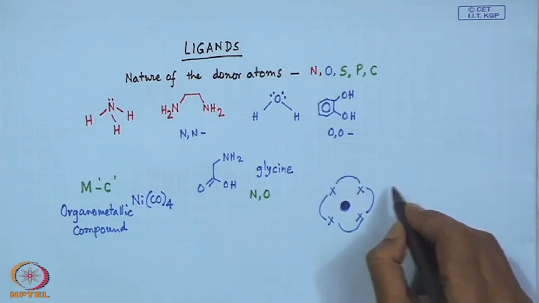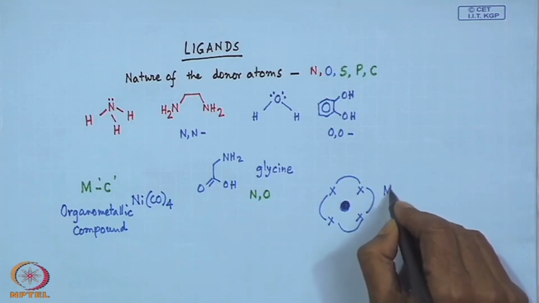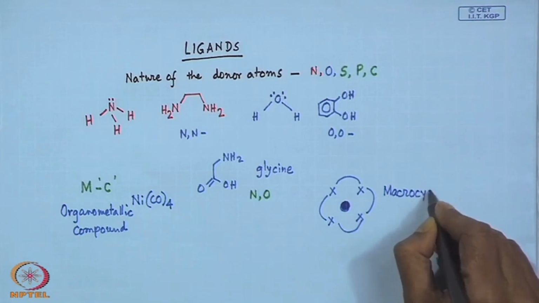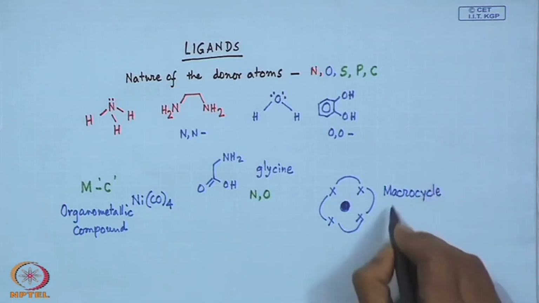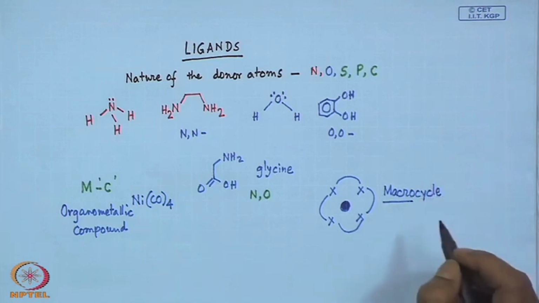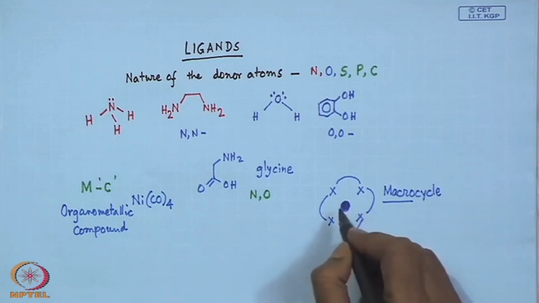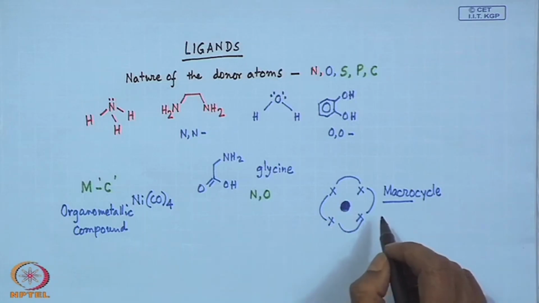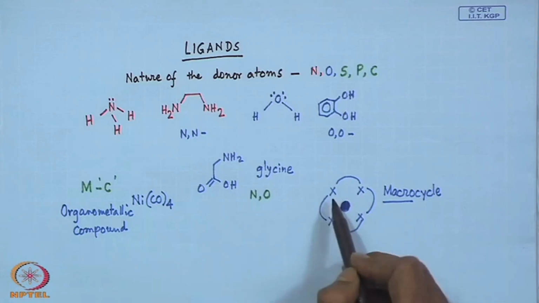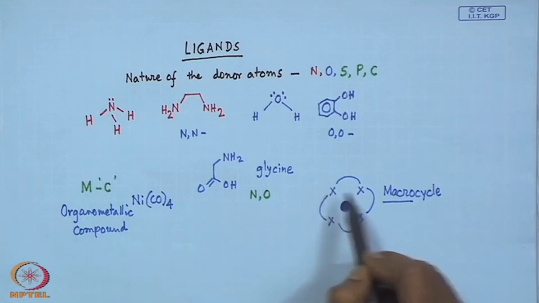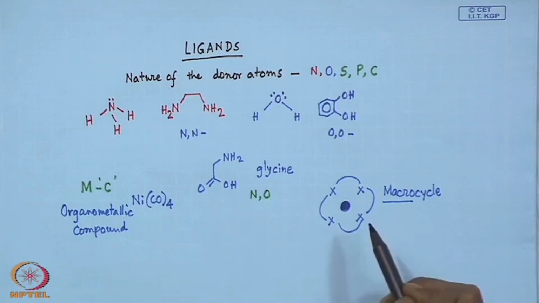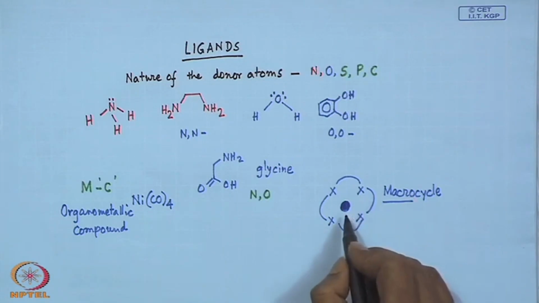This particular cyclic ligand we can consider as a macrocycle, it is a bigger cycle. So, this is the macrocyclic one. It has important roles to play, and in biology it is also very well known. Again, it can have nitrogen, oxygen, sulfur, or phosphorus donor atoms, which bind to the metal center.